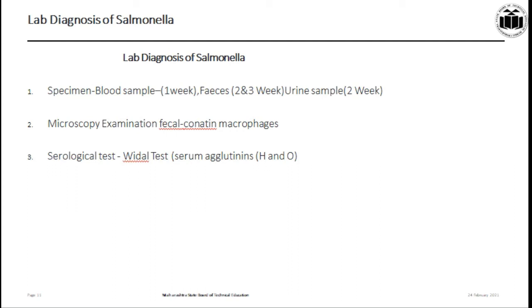After that, you should grow that organism on a blood agar plate. If it produces black circular colonies, then it is confirmed that the organism is Salmonella.